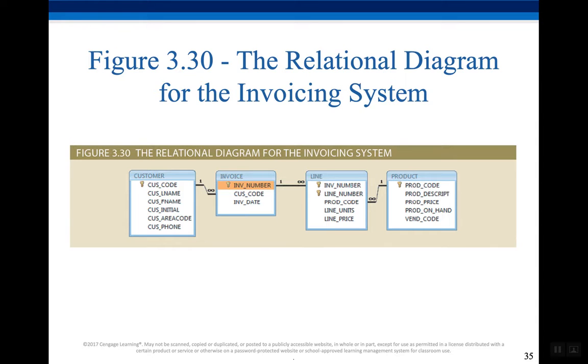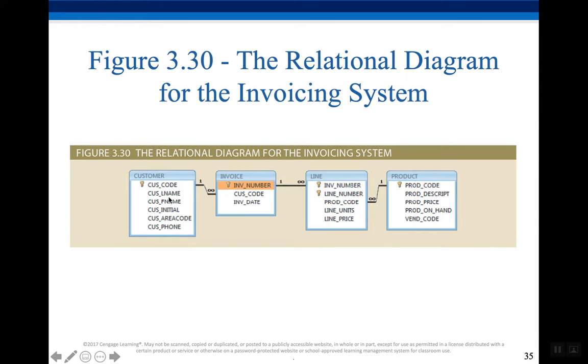So this is where we talk about invoicing. This is an example of an invoice, with a bill. A customer has a bill for stuff they purchased, and on that invoice there are multiple lines, different things that were purchased, which then translate back to a definition of a product.